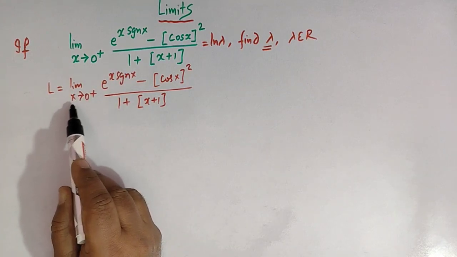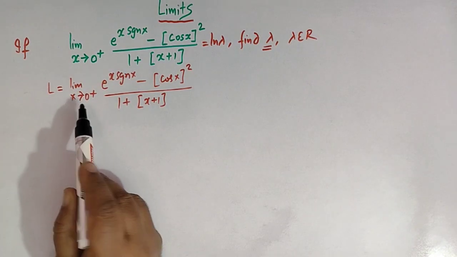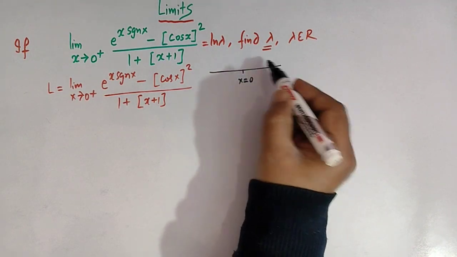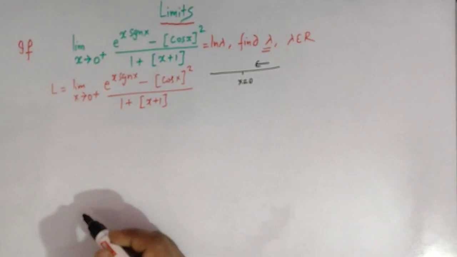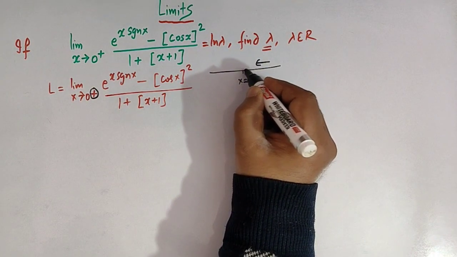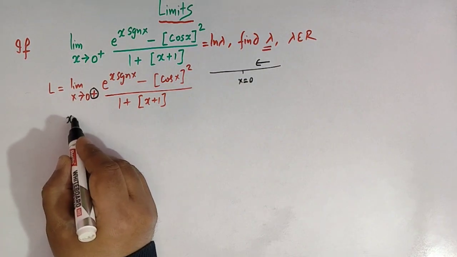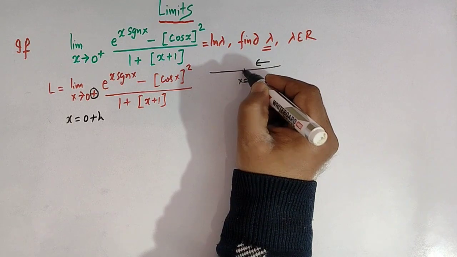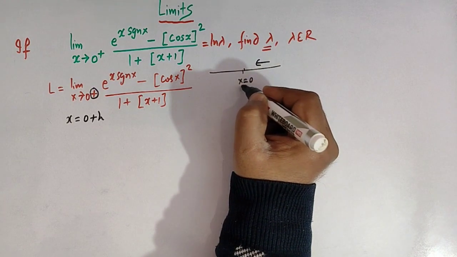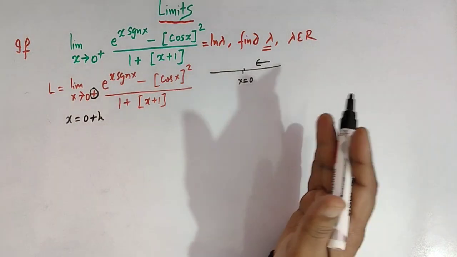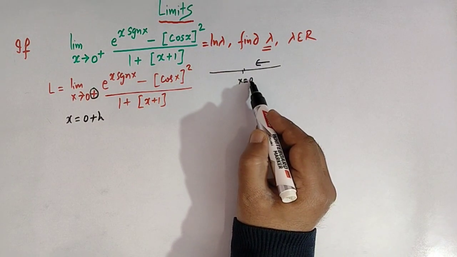Since we are approaching x equal to 0 from the right of x equal to 0, because here we have the positive sign, we can take x equal to 0 plus h. This 0 plus h is very close to x equal to 0, but it falls towards the right of x equal to 0.